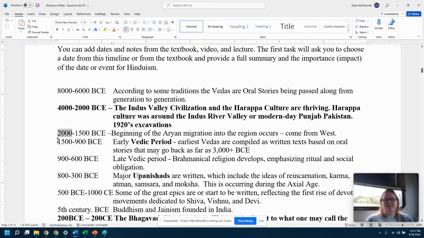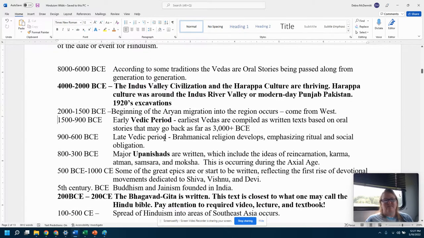When we see the Vedic period beginning, and the entire time period of the Vedas, some of the deities probably were deities right there in the Indus River Valley civilization in that region. Some of the deities likely came from Aryan traditions, and some were merged as these cultures came together.